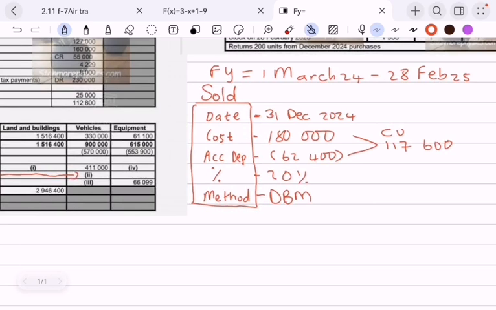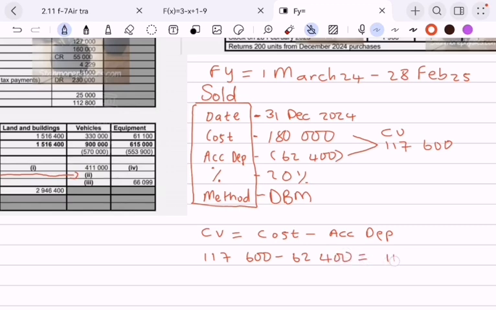Beautiful. So let us go determine the carrying value of this thing. So at first, you want to first determine your carrying value. And you get it by saying your cost minus your accumulated depreciation. So in this case, our cost is 117,600. You minus your accumulated of 62,400.